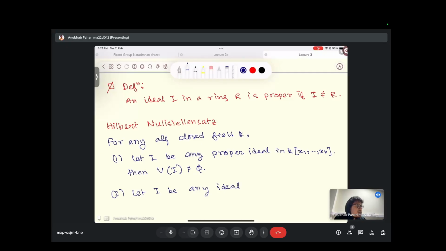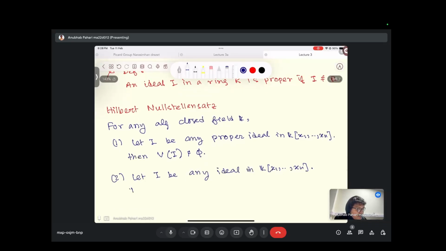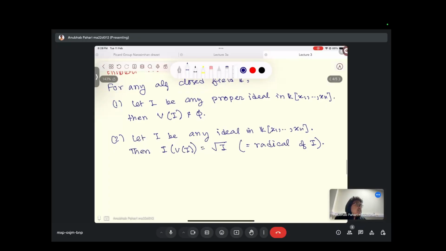Notice that I haven't written proper or anything. In K[x1 up to xn], then I(V(I)) equals to root I. This is the radical of I which you have seen in the class.